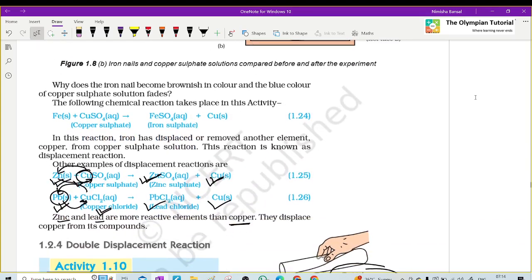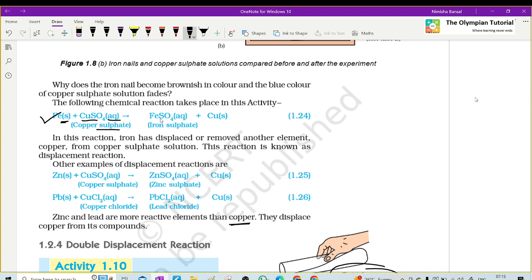Now the next reaction is the same as we have done with iron. No need to write, I am only telling. Iron, in solid form, with copper sulfate solution, aqueous, gives ferrous sulfate, aqueous, and Cu, solid. And this reaction is known as displacement.